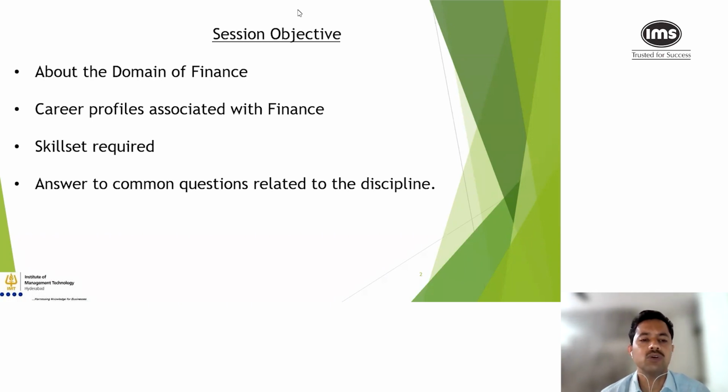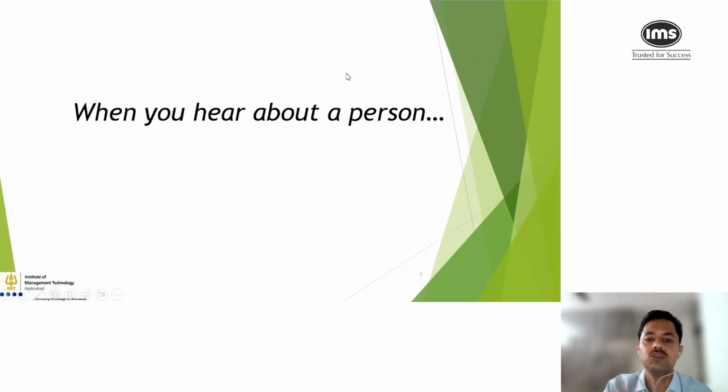Right. So let's start with the most basic part of the domain of finance. Before we go there, let's just understand what finance means. Let's say you hear about a person, somebody talks about some person to you. Then you try and form a mental image of that person based on your experiences.